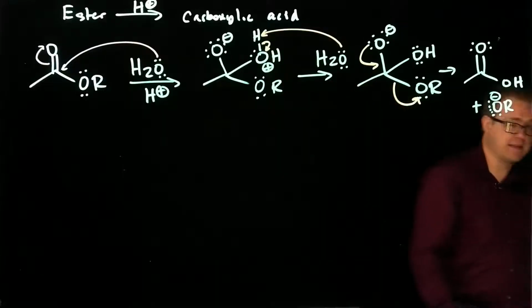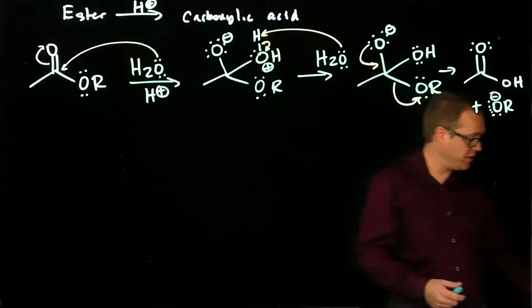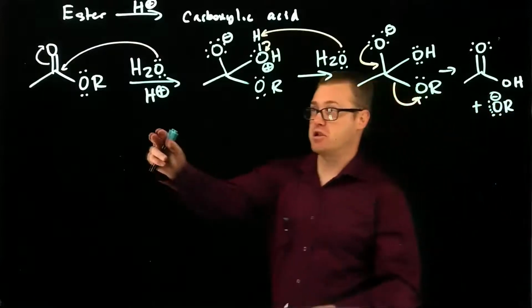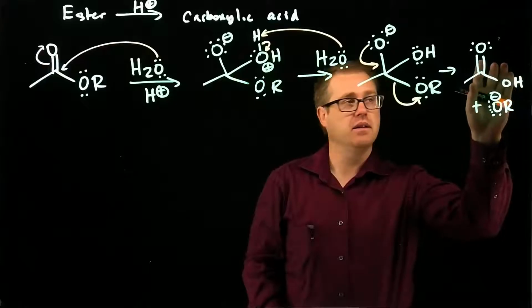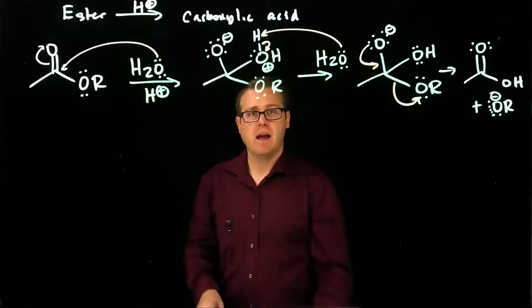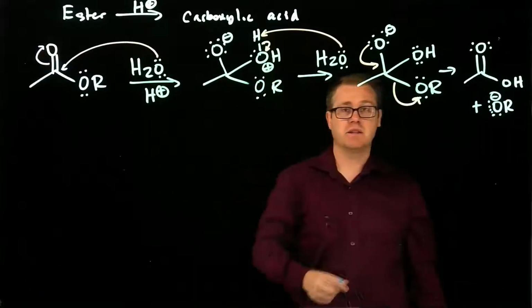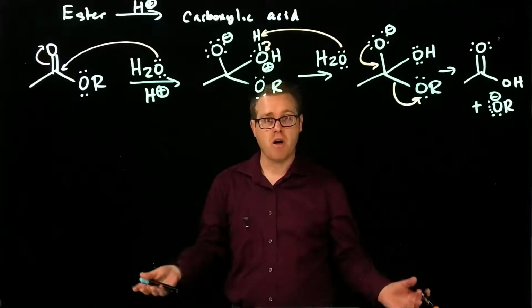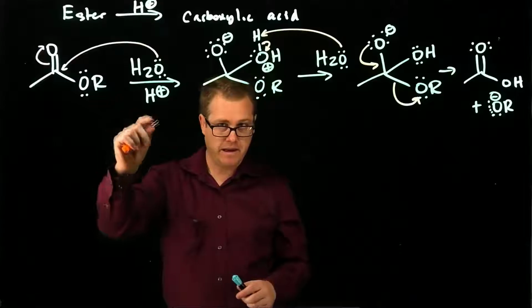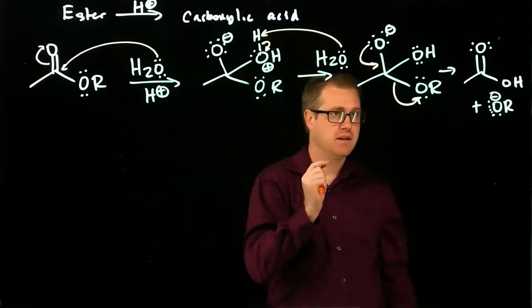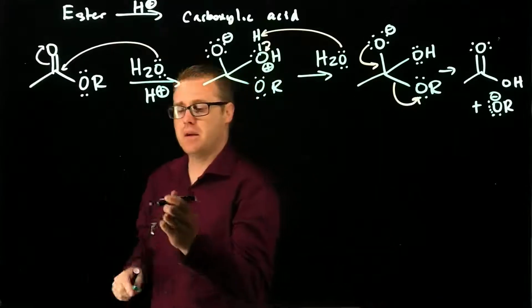And on the exam, if you did this mechanism, you would feel pretty good about yourself because you showed that you started with an ester and you got to the carboxylic acid. However, this mechanism that I just drew is 100% wrong. Let me show you the correct way, and then we can compare and contrast why it's wrong.